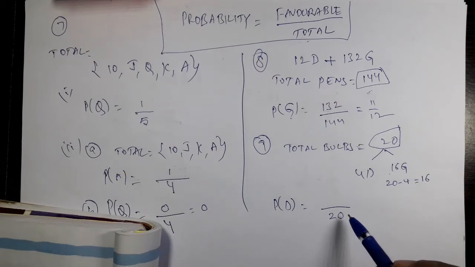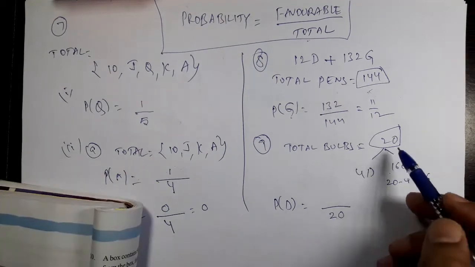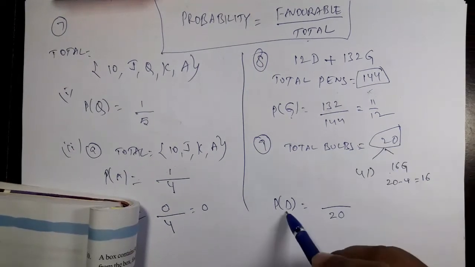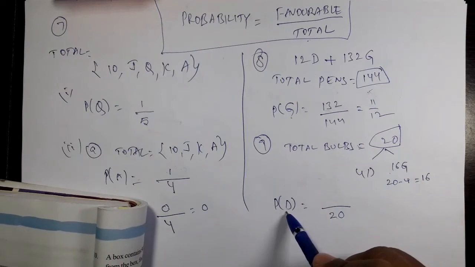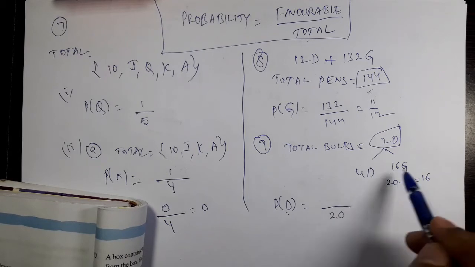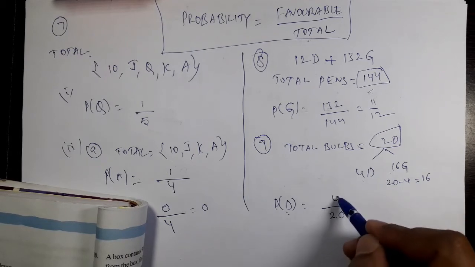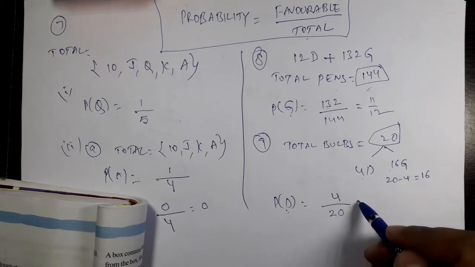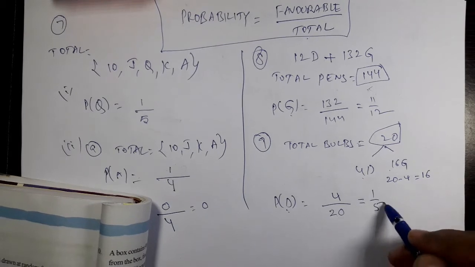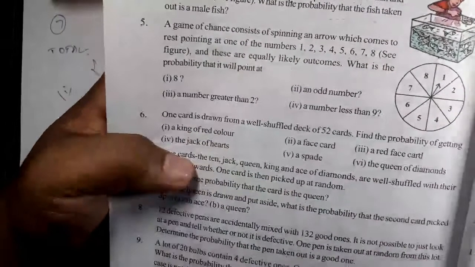Now coming to numerator, how many of these 20 are favorable to this case? That means how many of these 20 are defective? 4 are defective. These 4 are favorable to this case. So numerator is 4. So 4 by 20 is the answer. Done.